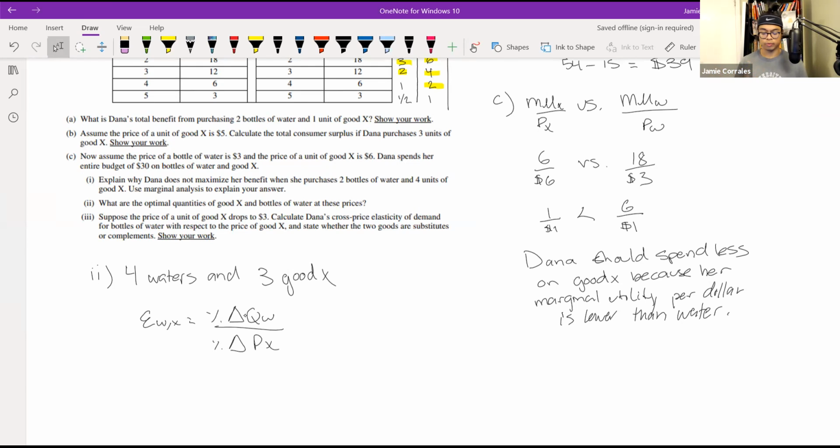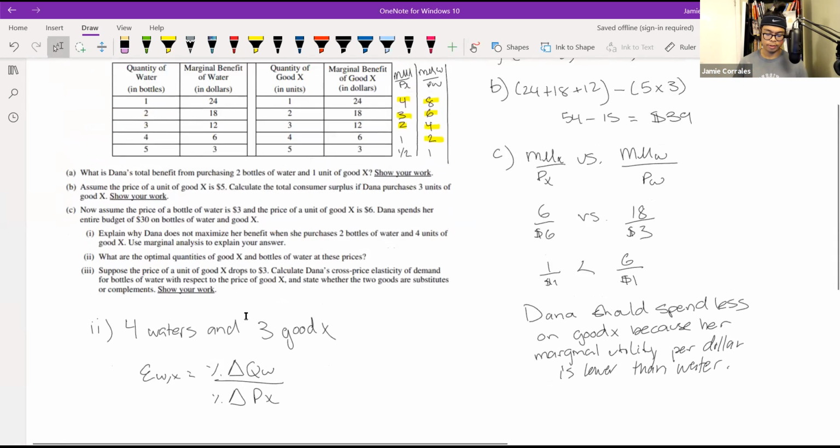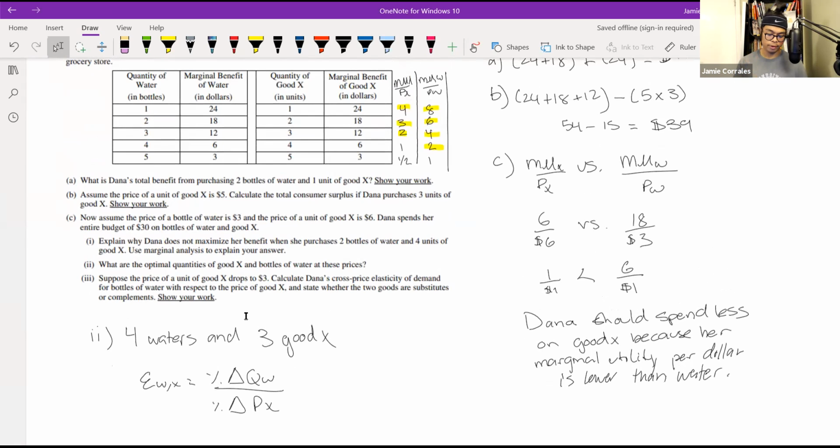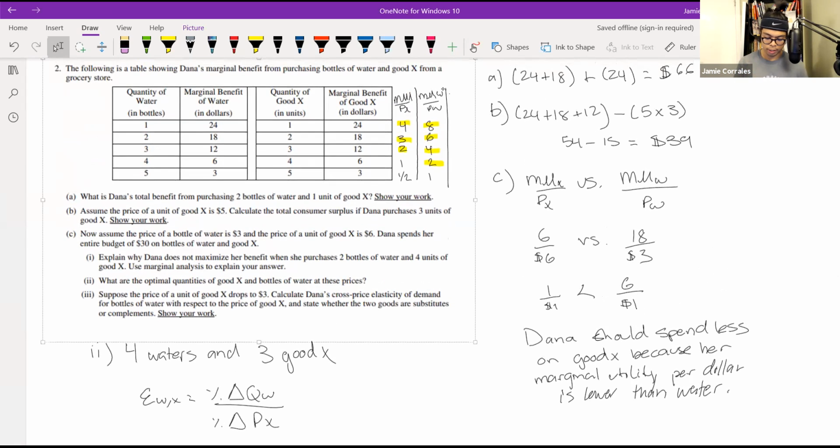So first of all, we need to recalculate the marginal utility of good X. So I'm going to do that here. Now it's $3. It's convenient because it's going to be the same marginal utility as the good Y. And to skip a few steps, what's going to end up happening is that Dana exhausts all her income on 5 goods of X and 5 waters.